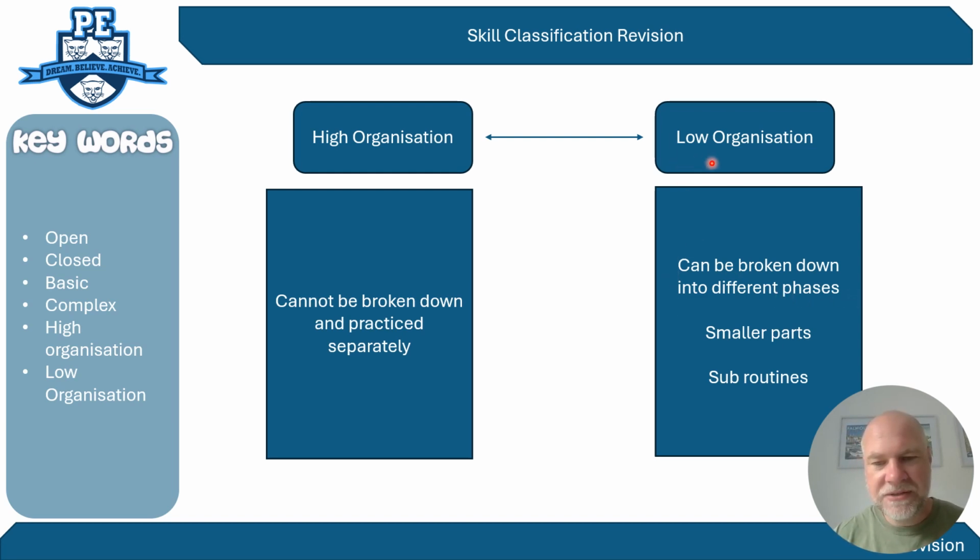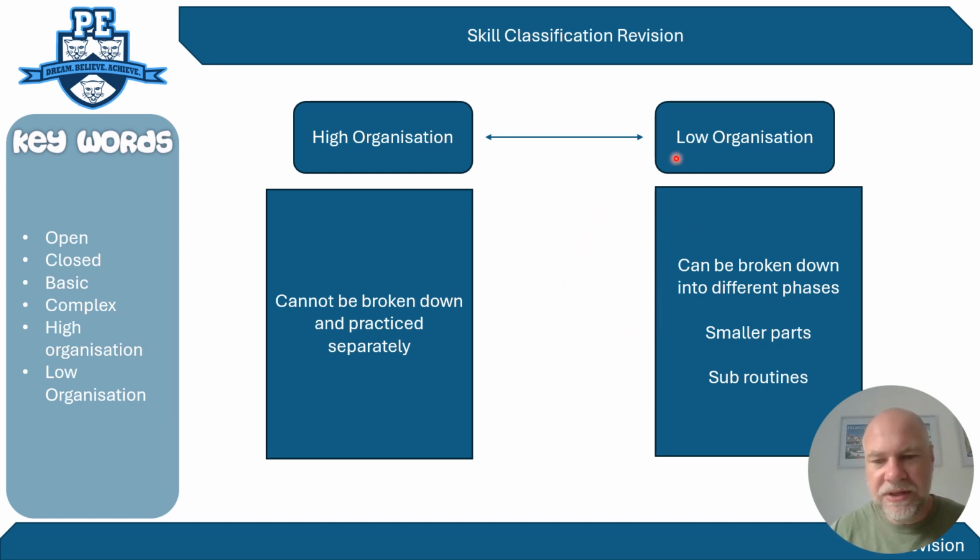Low has 3 letters and can has 3 letters, and that's the only way I remember it. So low organisational skills can be broken down into separate parts, whereas high organisational skills cannot be broken down into their parts. And again, I look at the 3-letter rule of low and can, and that's my basic way of remembering it. It's not the perfect way, but that's the way I remember it. If it works for you, brilliant, use it. If it doesn't, then let me know how you do it.